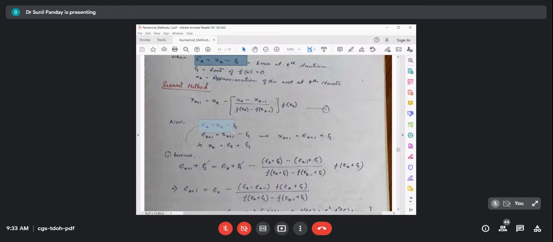So this is the error at the kth step, and epsilon k plus 1 is the error at the k plus 1th step.